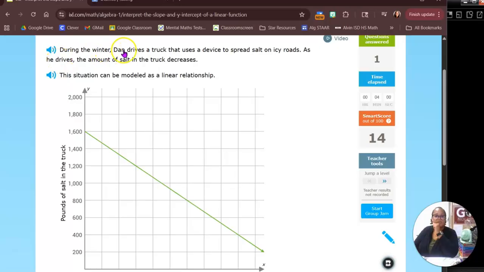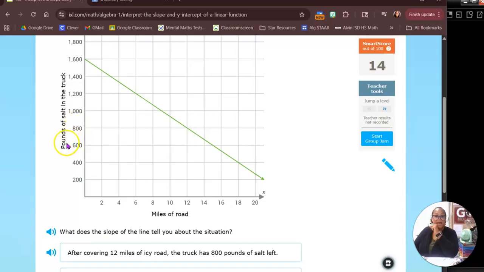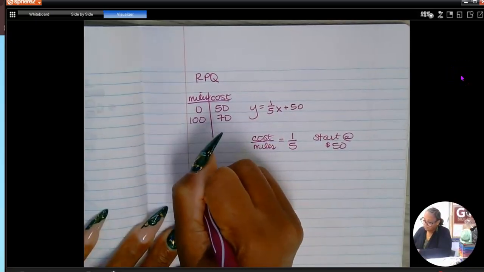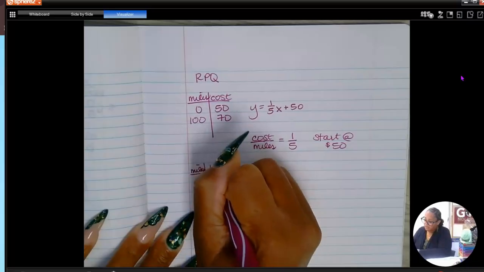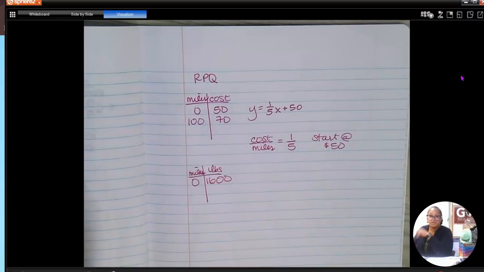Here, it says during the winter, Dan drives a truck that uses the device to spread salt on icy roads. As he drives, the amount of salt in the truck decreases, so it goes down. My first point is pounds and miles. So 0 miles and I have 1,600 pounds. Miles, pounds of salt, 1,600.